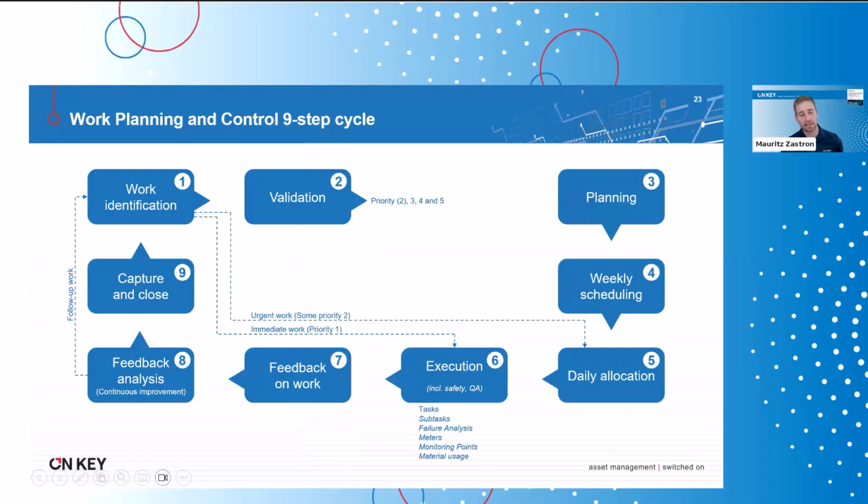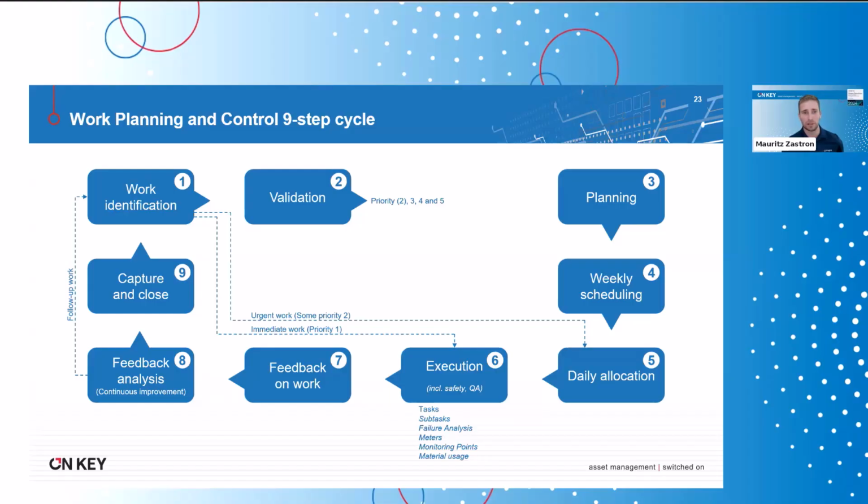So shown here is the 9-step work planning and control cycle, which is traditionally followed. First, we see the top left, we see work being identified using predetermined calendar schedules, usage-based maintenance, reactive work, or condition-based maintenance. Then quite an important step is the validation step, to ensure that work isn't duplicated, assets aren't over-maintained, or reactive work isn't done on assets that are still under warranty.